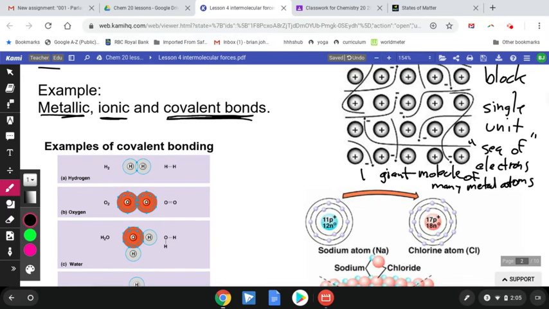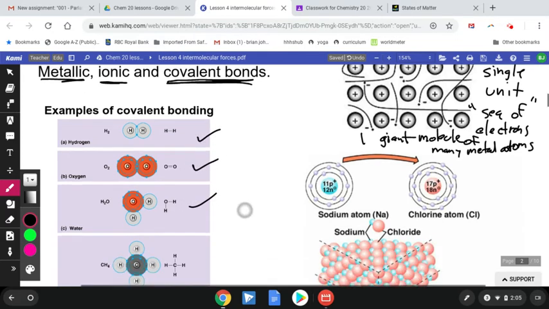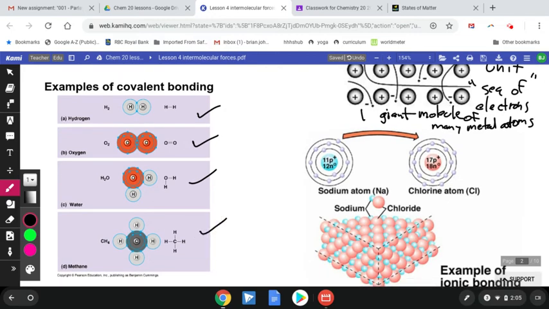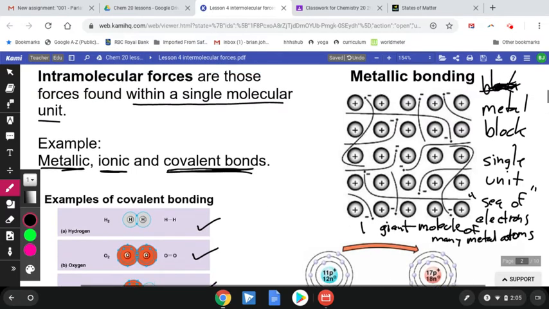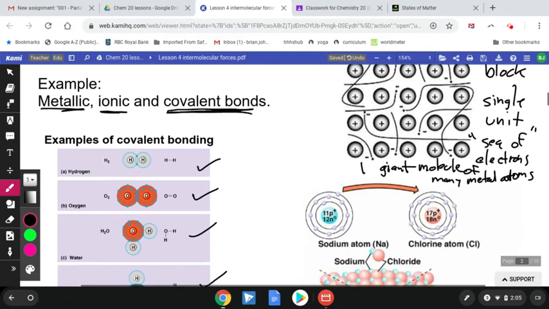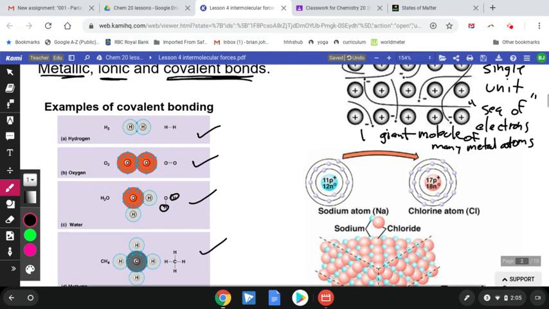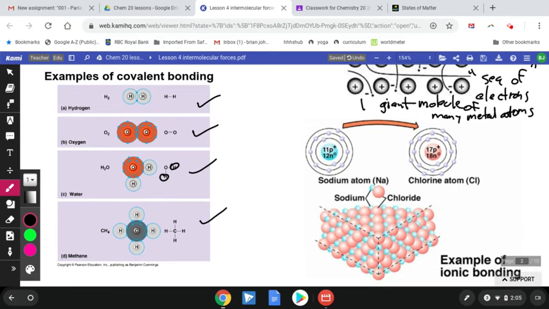Easier ones are covalently bonded molecules like hydrogen and oxygen and water and methane, where they are clearly sharing their electrons, or the attraction is within the molecule. So these hydrogens are bonded to the oxygen by a covalent bond or a molecular attraction within the molecule. And the same with ionic compounds.